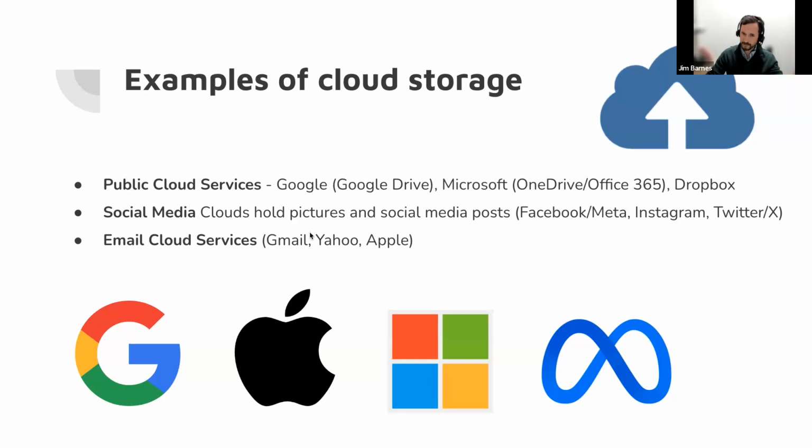Social media, those are cloud services, because when you upload your photos to Facebook or Instagram or anywhere online, it's being stored in that company's cloud on their servers. And then lastly, we already mentioned email is a cloud service, and that's cloud storage. So when you attach a document to an email and you send it to someone, you didn't really send it to them.